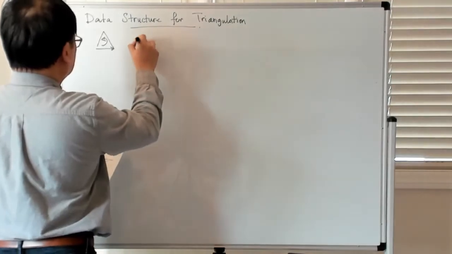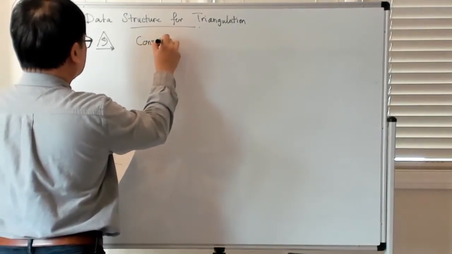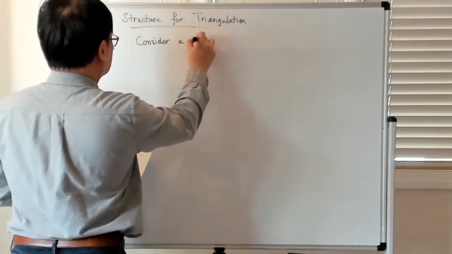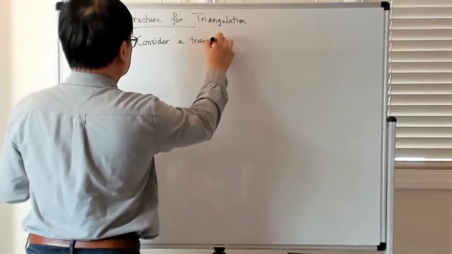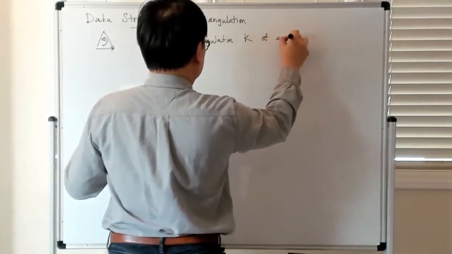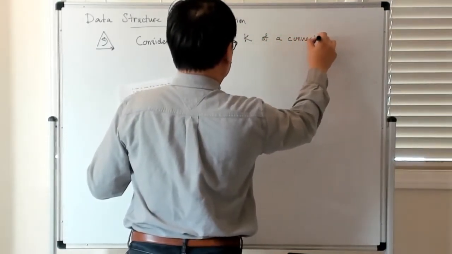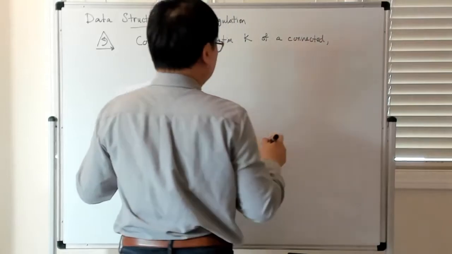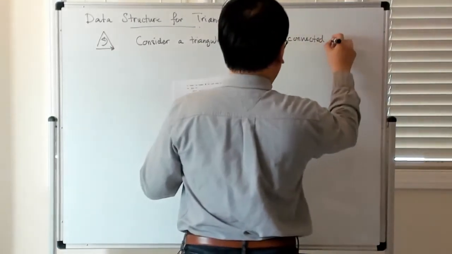So let's consider a triangulation K of a connected compact two-dimensional manifold without boundary.